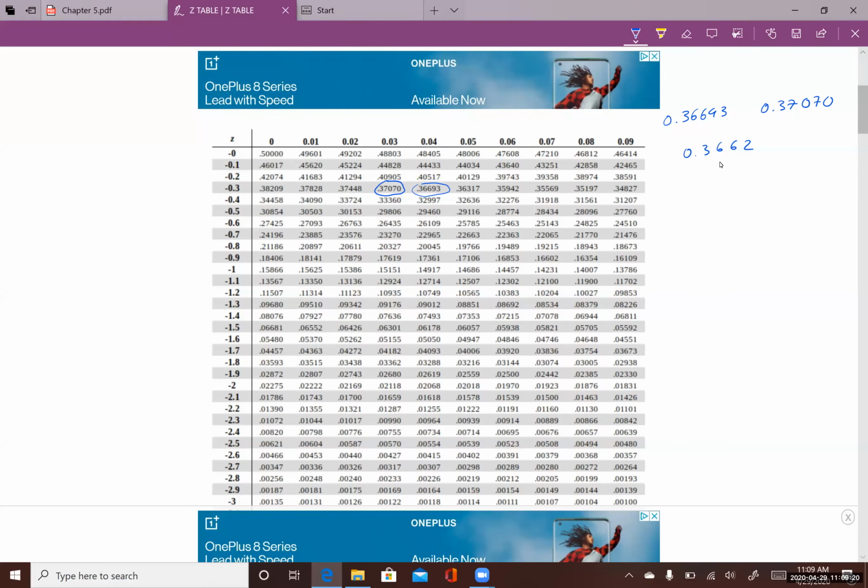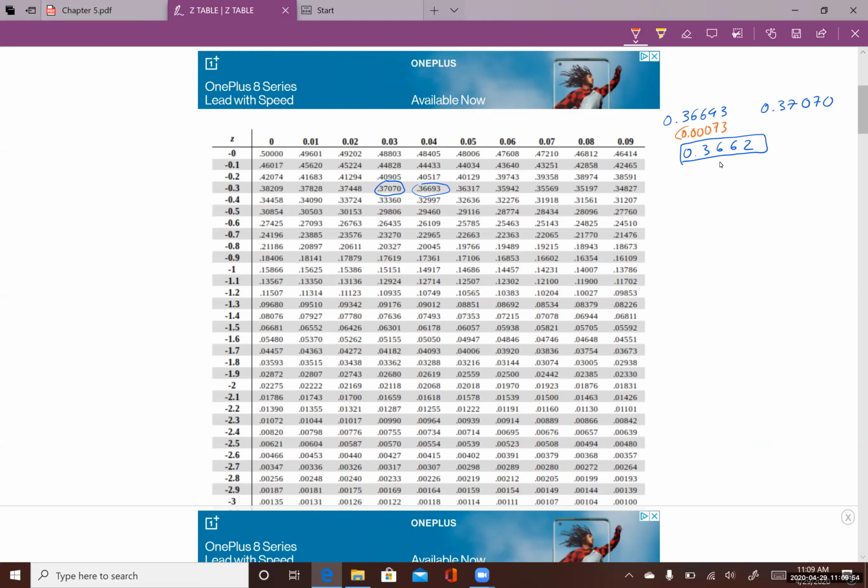Between these two values, which one is closer? Which one has the shorter distance to the value that we're looking at? In order to do that, we just need to calculate the difference between the two and take the absolute value because we're finding the distance. So we take 0.36693 minus 0.3662. You get 0.00073 as the distance.